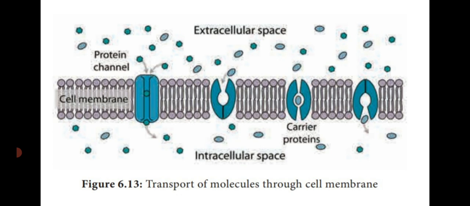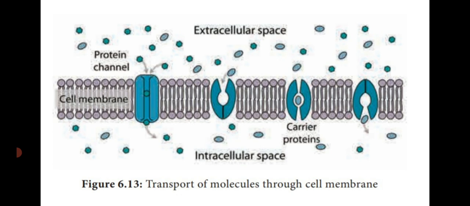Those proteins are known as channel proteins. Another one is the carrier protein. Carrier proteins act as a bag-like structure to carry only one molecule at a time in and out of the cell. That type of protein is said to be a carrier protein. But the channel protein allows large molecules or many molecules at a time.